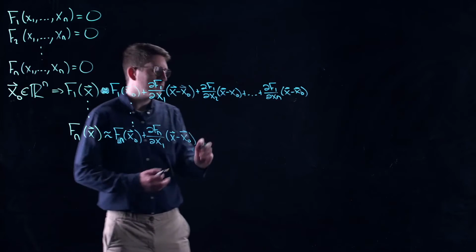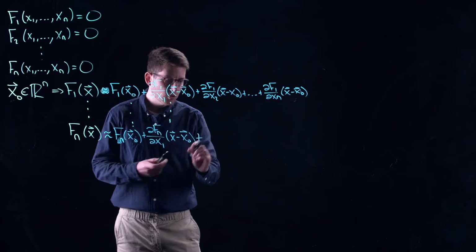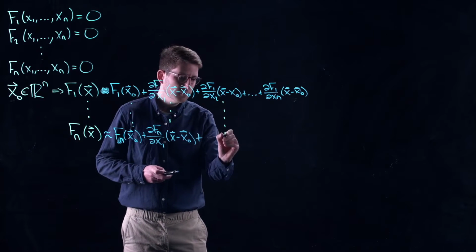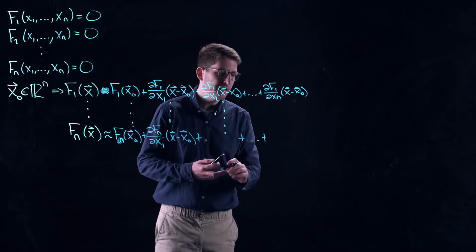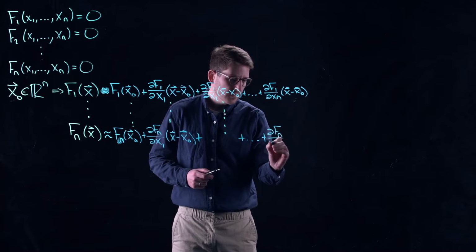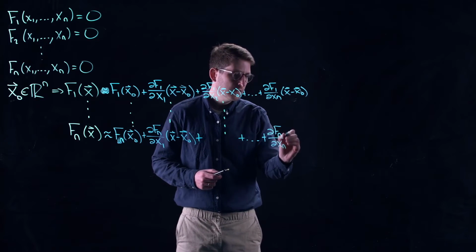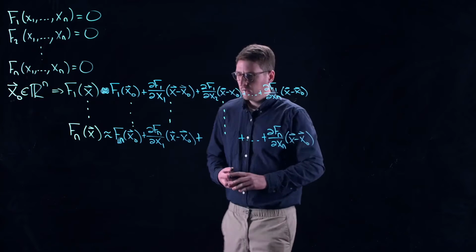Sorry, there should be arrows above this. And then you can do the second partial derivative. I'm not going to write it just because it's so much writing. It's more writing than it is thinking. And the last piece here is the partial derivative with respect to xn, x vector minus x naught.